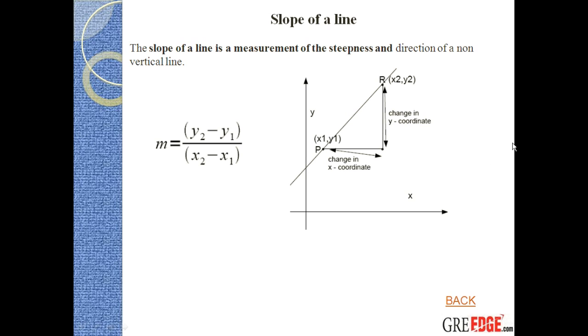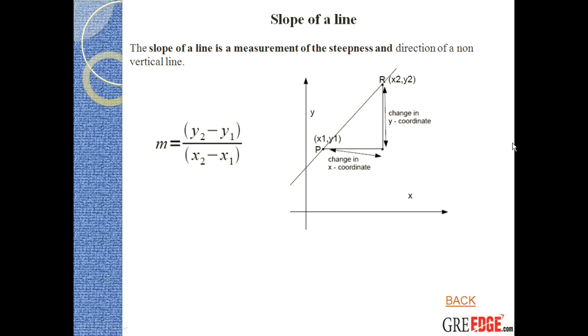Samarjit, we can take any point as x1, y1; it can be P or it can also be R. Similarly, if you take R as x1, y1, you can take P as x2, y2. It will give the same answer.